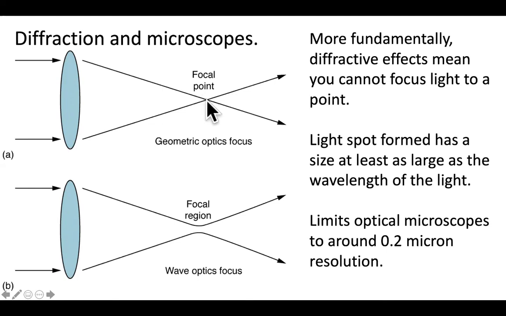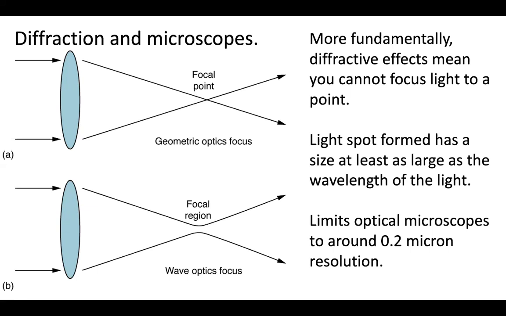Now, if that happened only at the point where these two lines cross, you could still get to a point, but it's actually happening earlier. Even as these things are converging, the light is trying to spread back out. So you don't create a point, you create a waist. You create a region where the wave gets packed as tightly as it can, but it's not a single point. The light is still spread out.